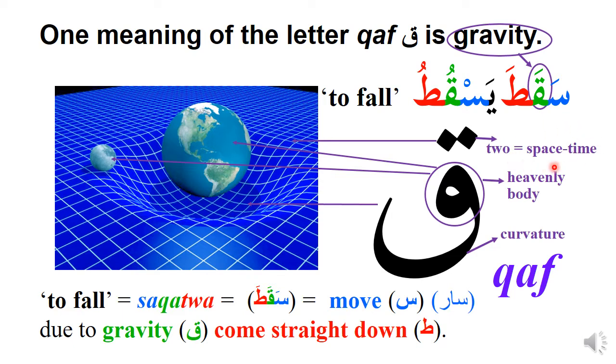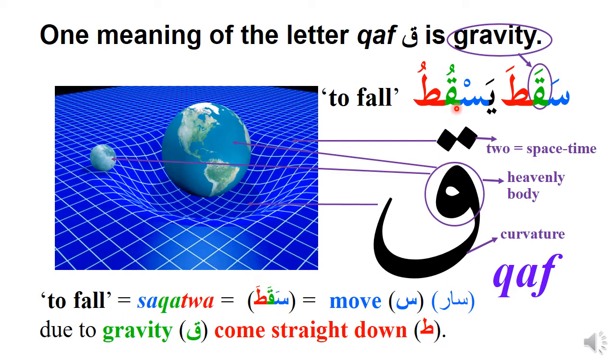We are unable to see what space-time actually is because of this. So basically this is a picture of the concept of gravity, which is depicted as the attractive force between two heavenly bodies, due to the curvature of space-time, as it exists between, say, the earth and the moon.